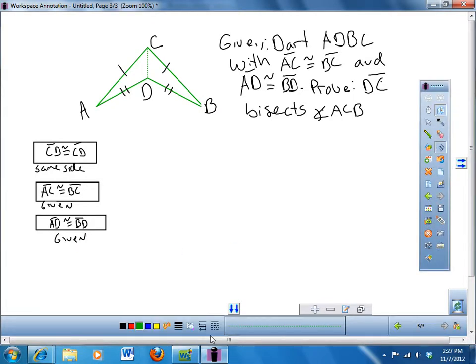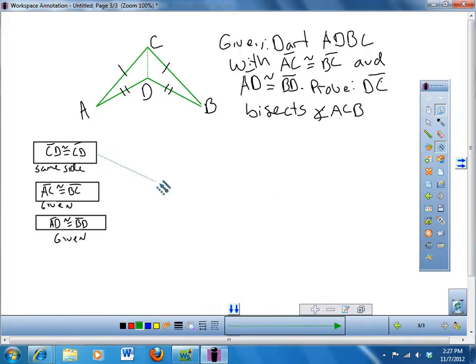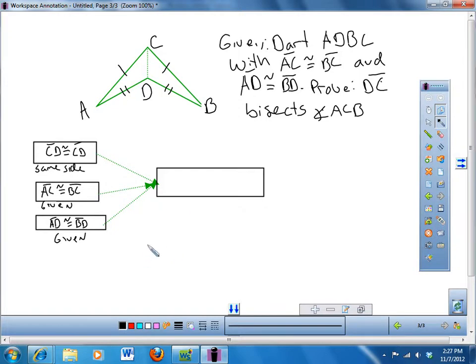I'm going to put these three things together. I'm going to put arrows on the end. Ooh, look at that. Okay. And I put those three things together to show in my new little box that what is true. Makana.